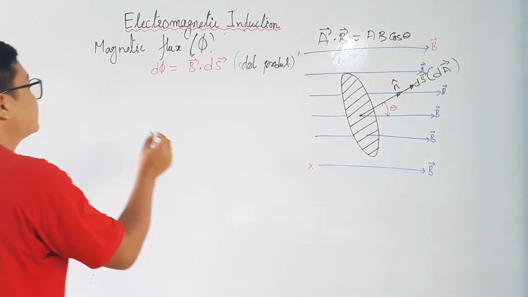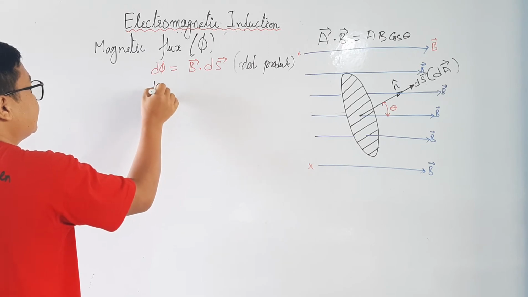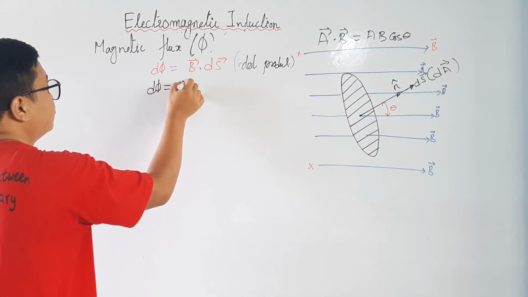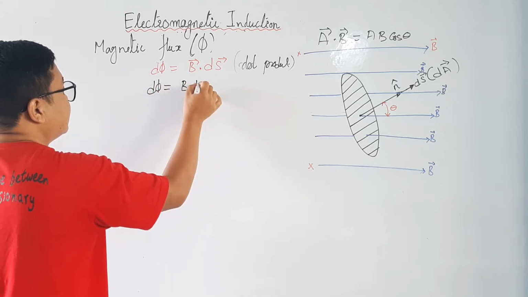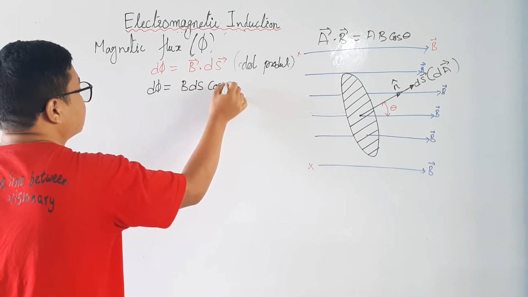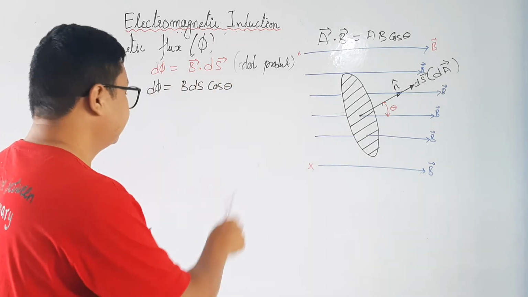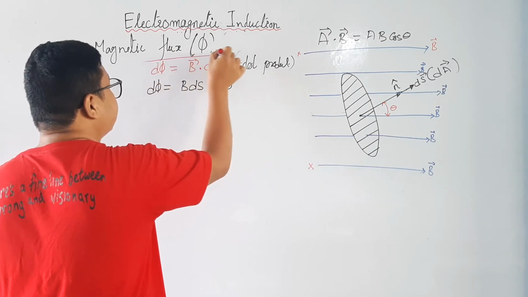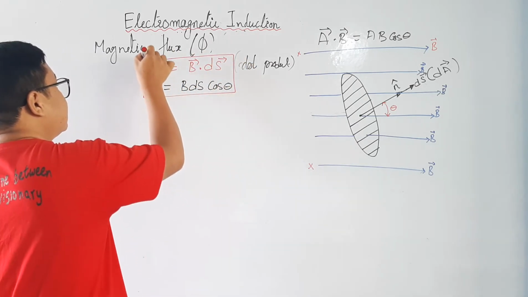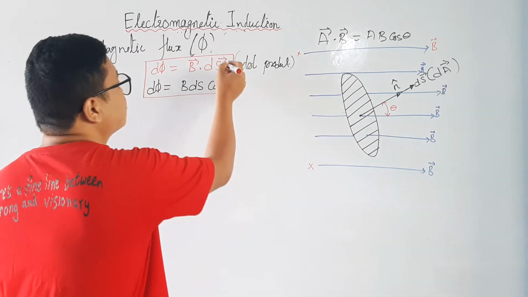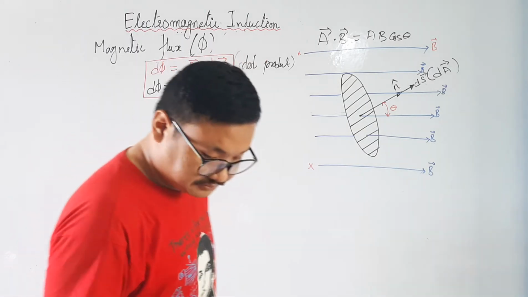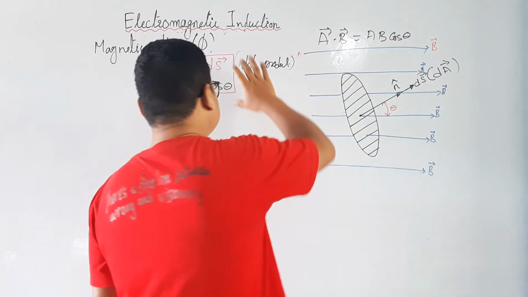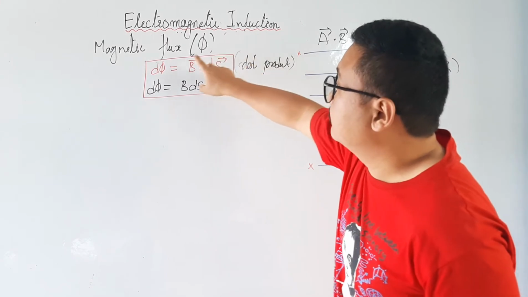Similar to this, I get d phi is equal to B ds cos theta. Very important. These two are very important to understand. Here you can also write n cap, no problem. These two are the mathematical forms of magnetic flux.